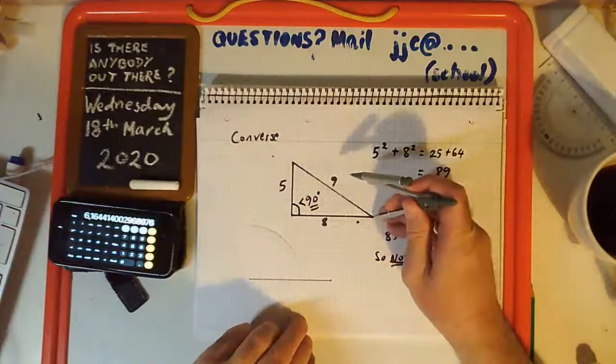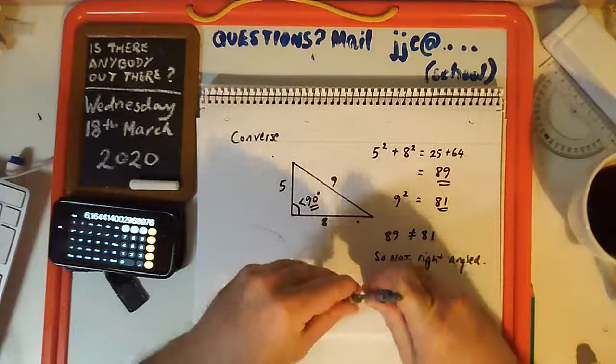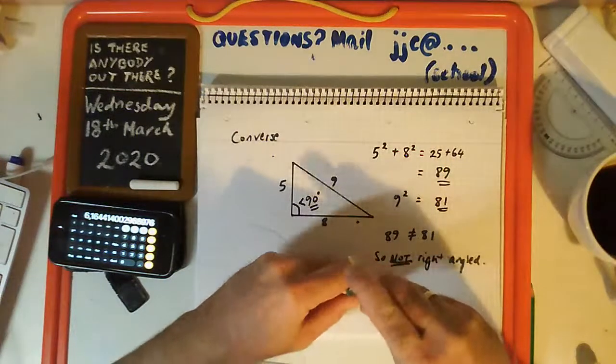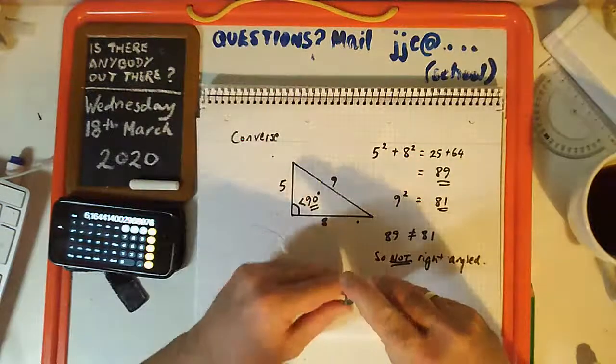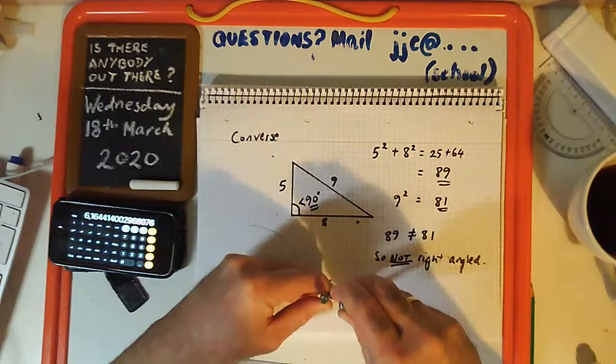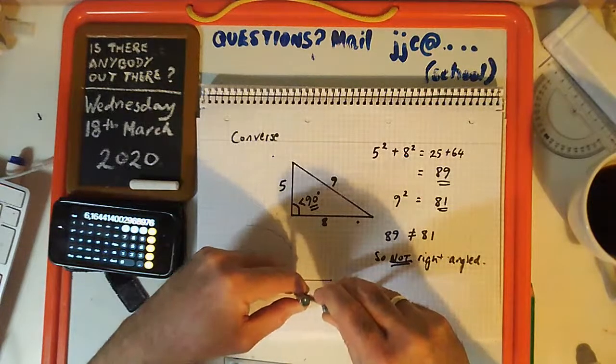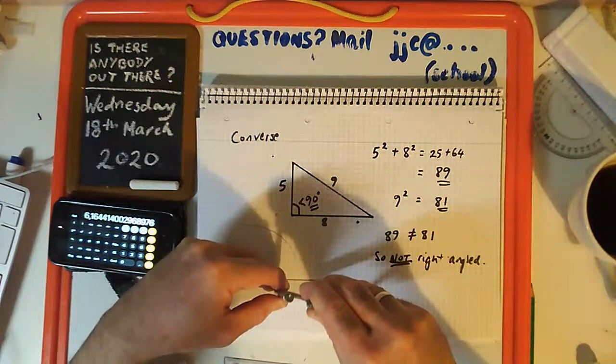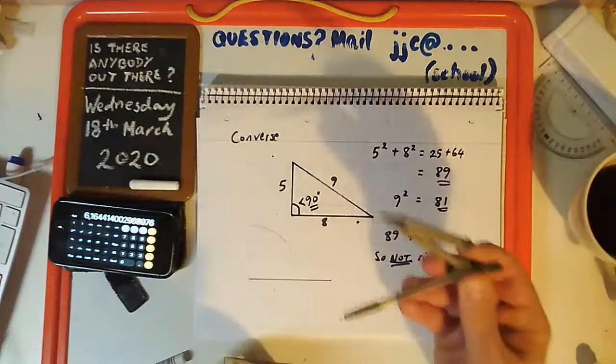Now let's try and draw the 9 centimeters. So I'll set my compass to 9 centimeters. 1, 2, I'm just using the squares in the book because they're half a centimeter each. 1, 2, 3, 4, 5, 6, 7, 8, 9 centimeters is there.